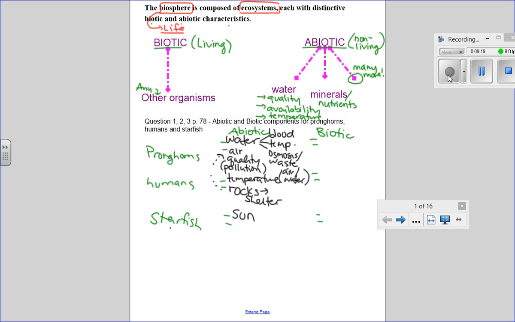I would say yes, it does, because remember, the sun is the original source of energy in a food chain for the large majority of food chains that exist. So unless the starfish is at the very bottom of the ocean where there is no sunlight, it is probably part of a food chain that's based on photosynthesis, which means that the sun will affect the starfish because it will affect the organism that the starfish is eating.